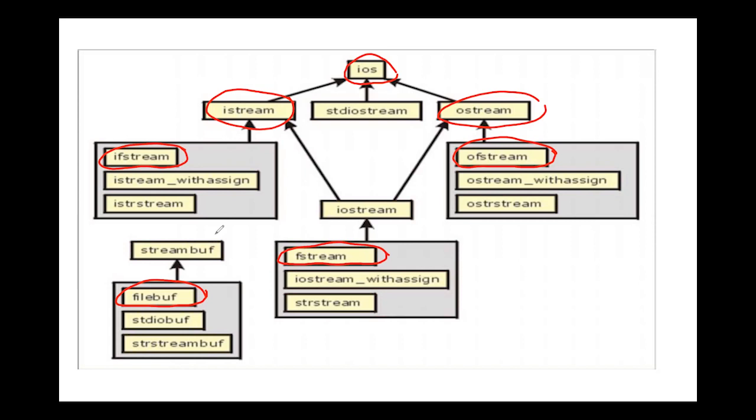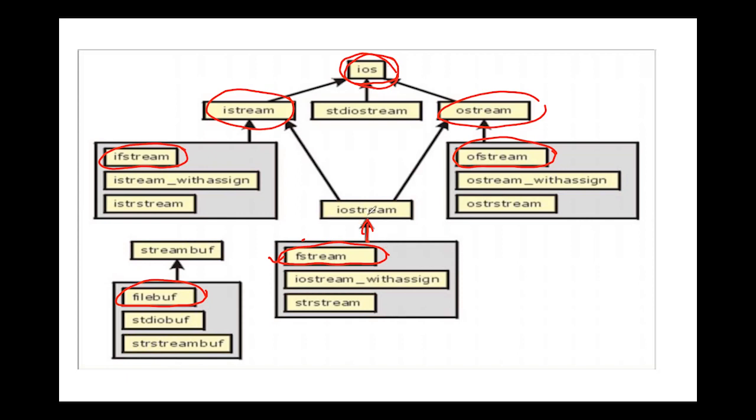So before that, understand the fstream base is derived from the basic class ios. Okay, so here the arrow mark indicates that this particular file is being derived from this. This is your base class and this is your derived class.